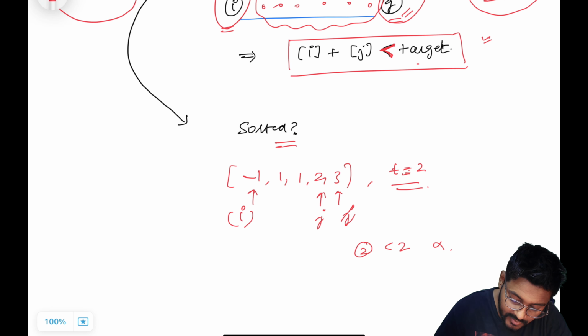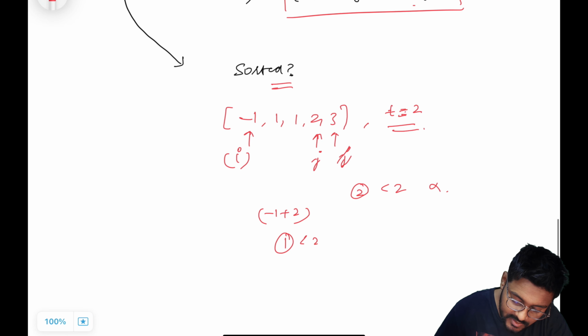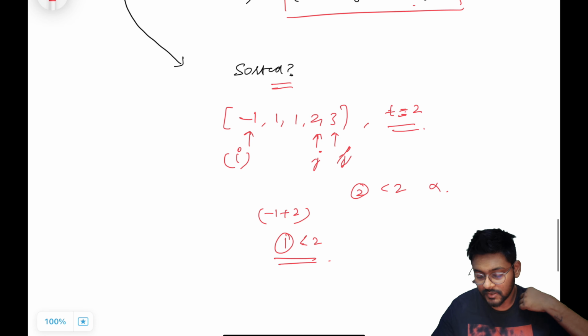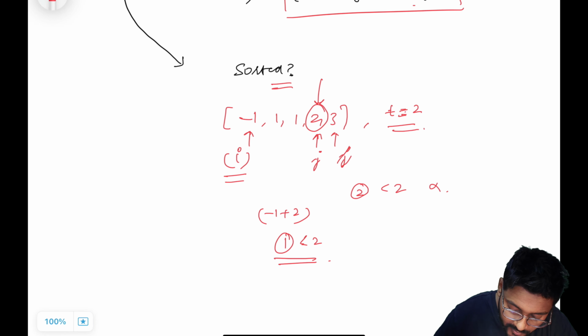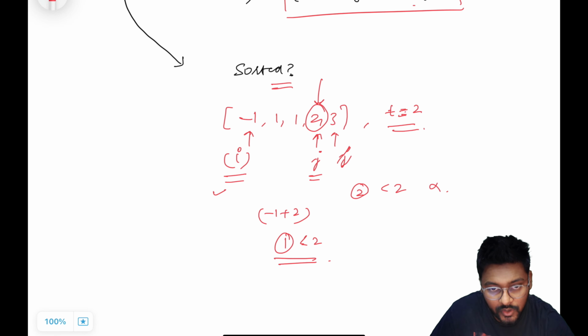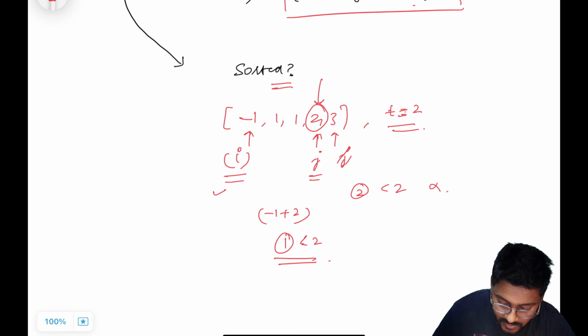Now if I check the value 2 plus -1, it is going to give me 1, which is less than 2. See, this is the biggest value of j that is going to give me the valid answer. And this is the value of i. Let's say i is fixed and the j value we have found is the biggest one. If this j value is giving the valid pair, then these smaller values will definitely give me the valid pair, right?